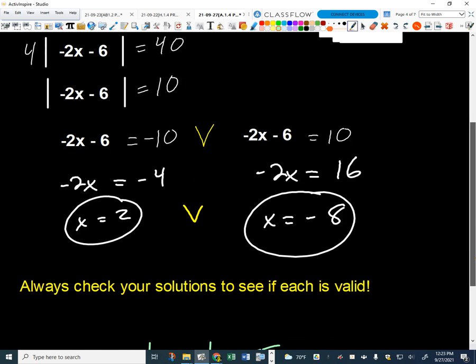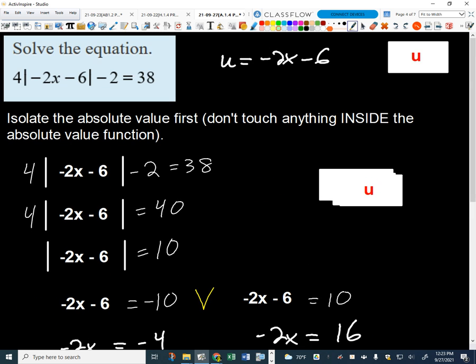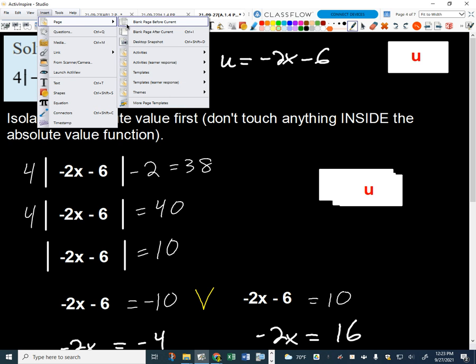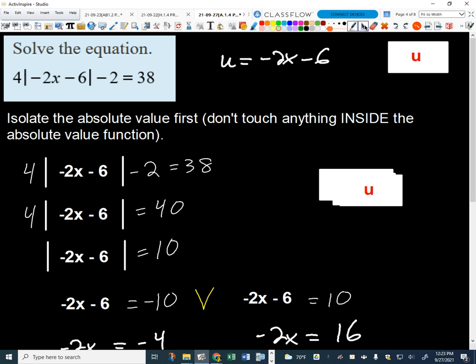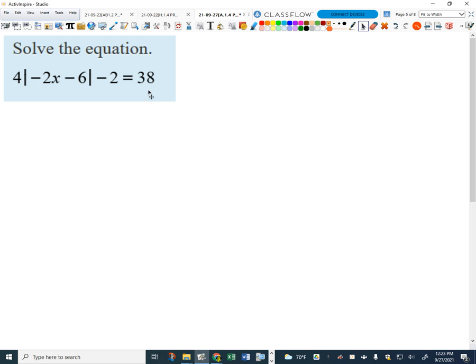What are our solutions? Let's just try one of these. What if we plug in x equals 2? Okay, so we're going to check the solution.